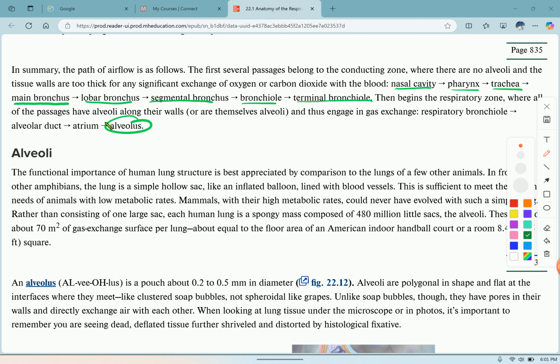Okay, this is the site of actual gas exchange. So gas exchange, the respiratory bronchiole, the alveolar duct, the atrium, and the alveoli itself. All right, so each human lung has about 480 million little sacs of the alveoli.